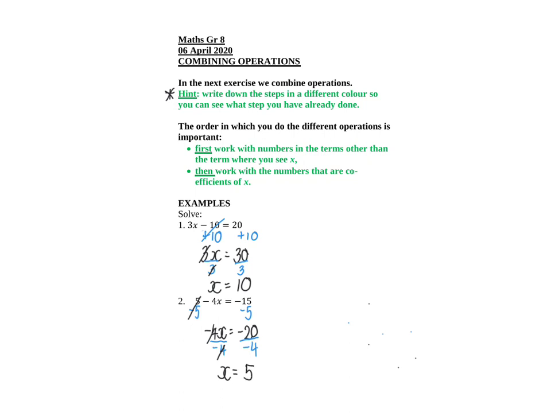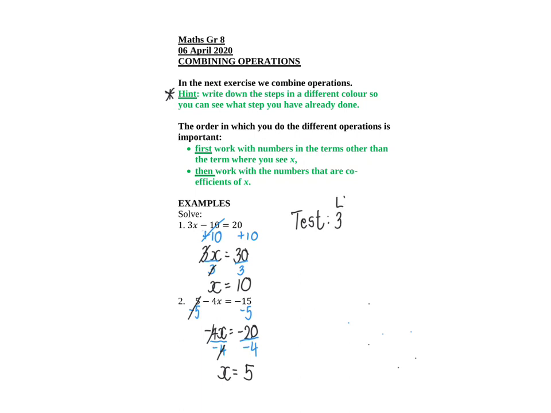And if you want to do a quick check or test, you can always substitute the x value that you got for your answer back into the original equation. So let's do a quick test over here. You don't always have to do the test, but just if you're a bit unsure. Here we got that x is equal to 10, and therefore we substitute into 3x minus 10 equal to 20.